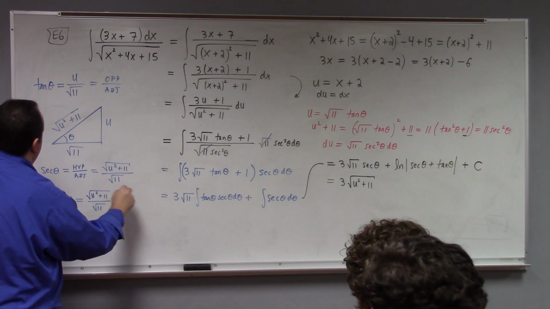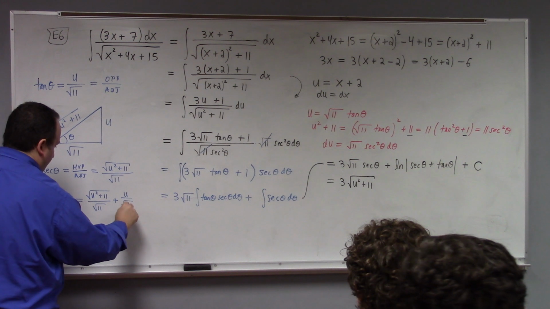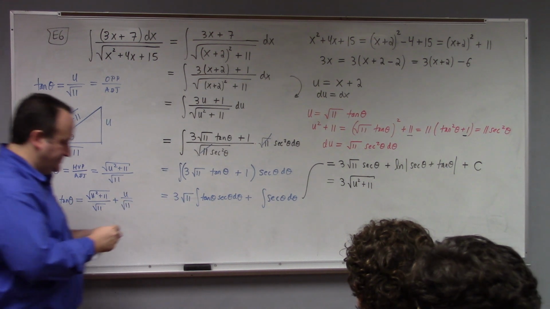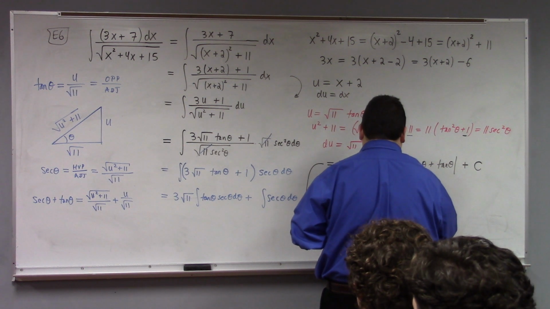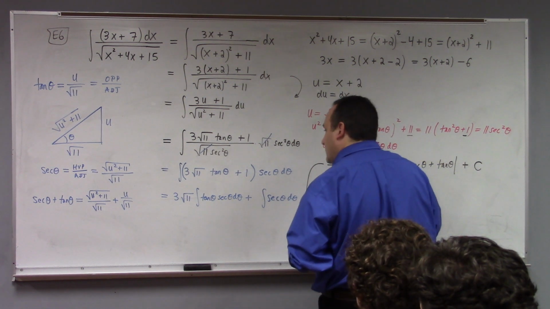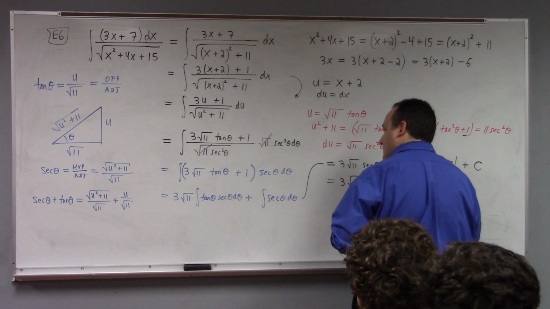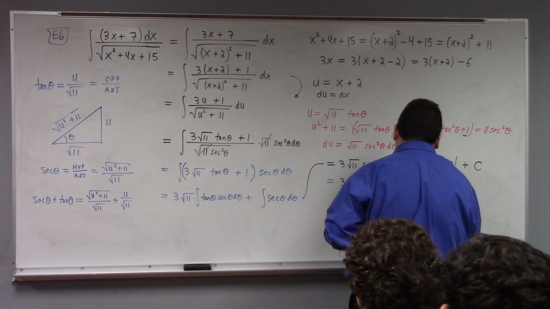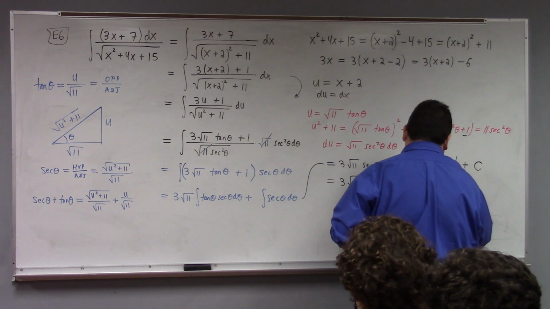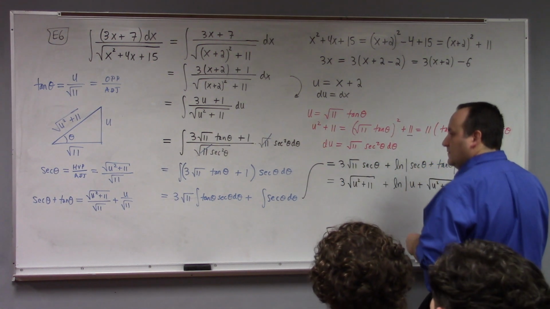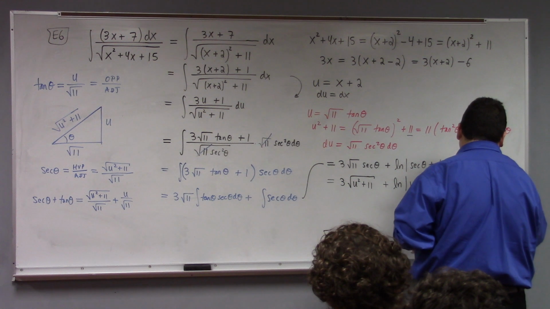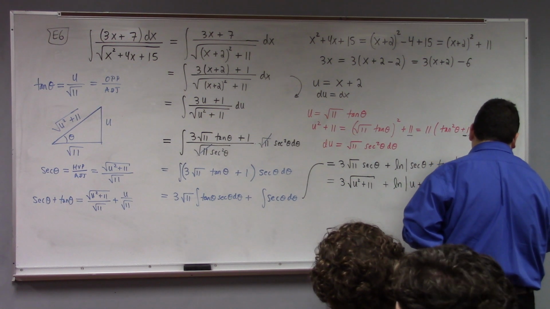Plus, what was tangent theta? Well, u over root 11, right? So we've got plus the natural log of the absolute value of u plus the square root of u squared plus 11, minus the natural log of the square root of 11, plus c.